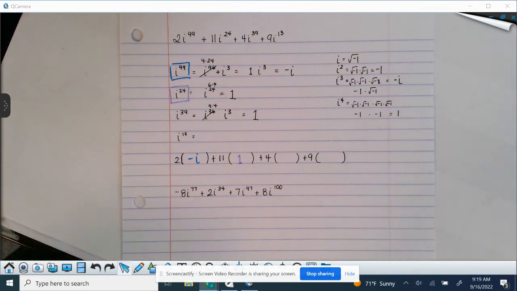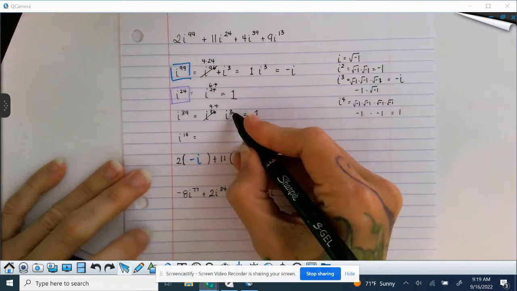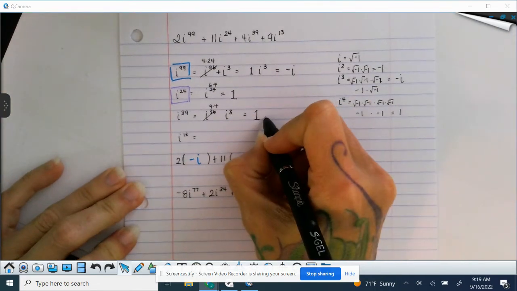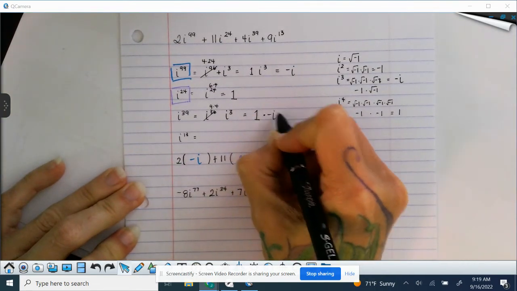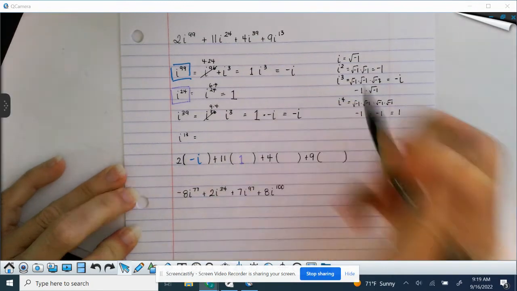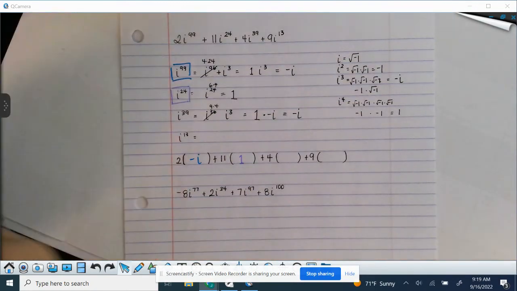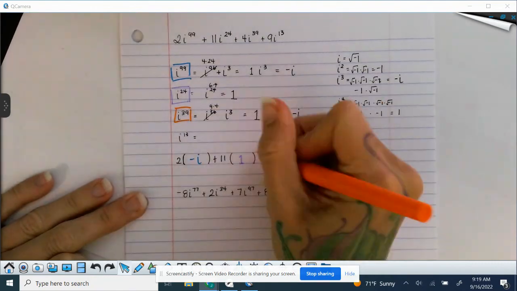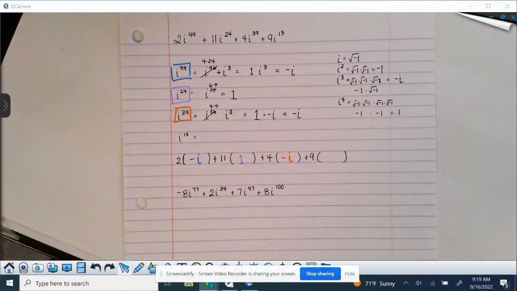That means 9 chunks of 4 i's, so it's 1 times 1 times 1, 9 times. That's why it's 1. And then i to the 3rd is -i. So for our 39, it's -i again.